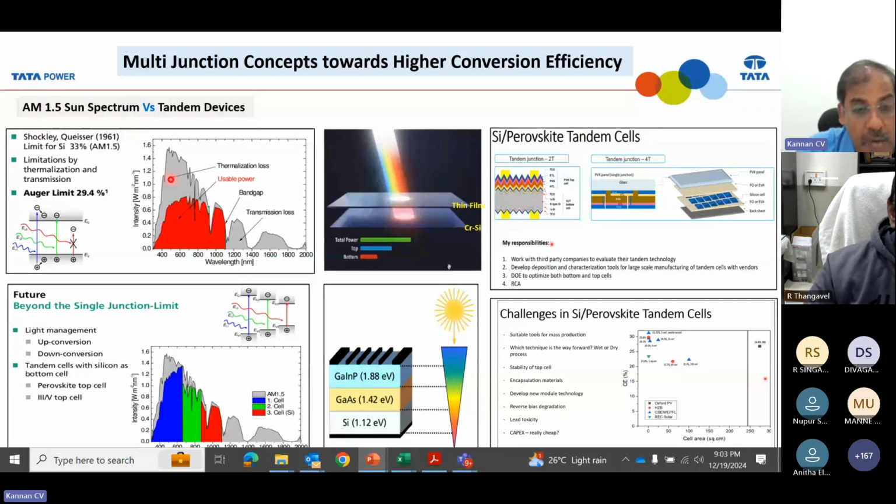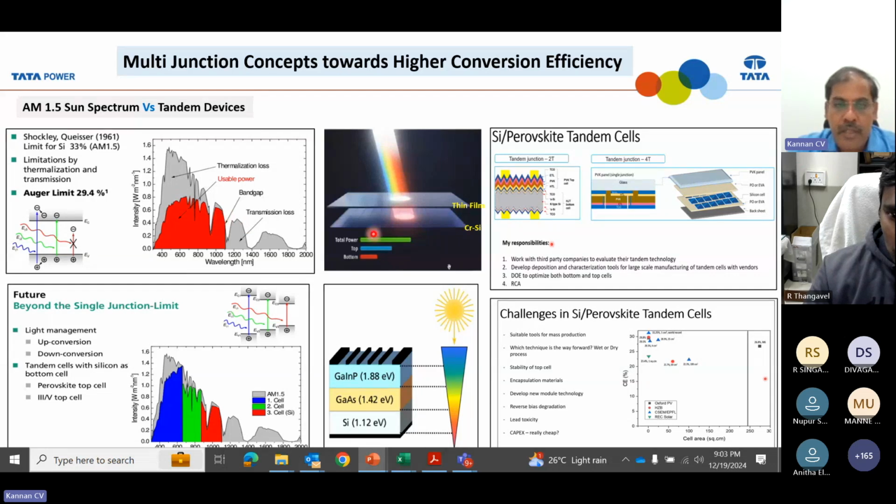Because this light is higher than 1.1 eV, it will generate more electron hole pairs, but UV light has very high energy, so instead of generating electron hole pairs it also generates waste heat. Silicon converts only a certain portion of it. A major portion of the sunlight spectrum is in the UV range, which is not effectively converted by silicon based solar cells because of the limitation of the band gap.